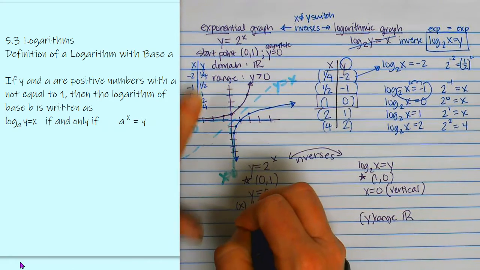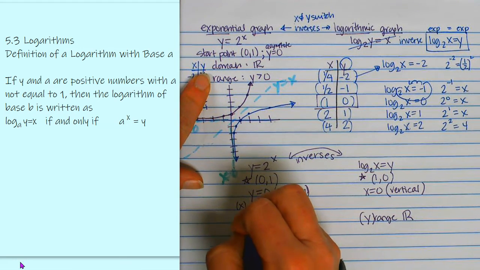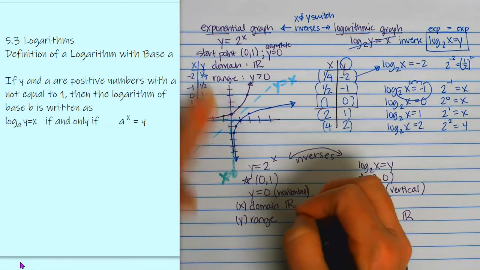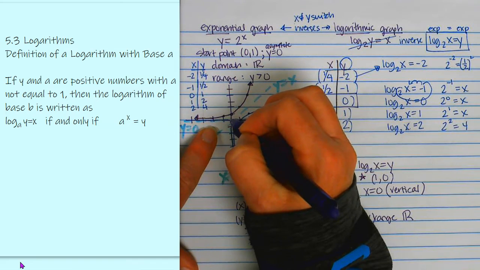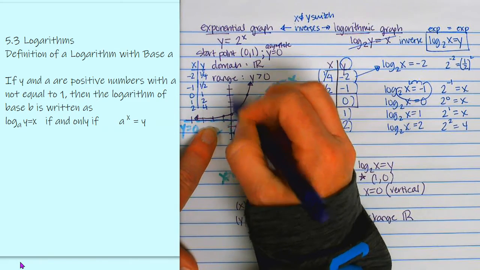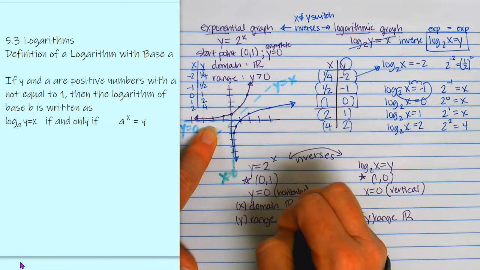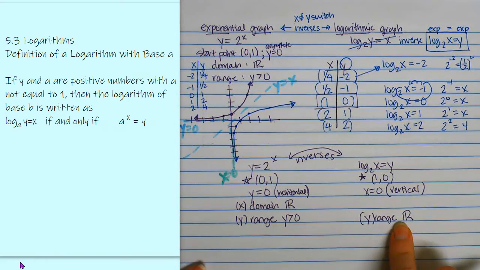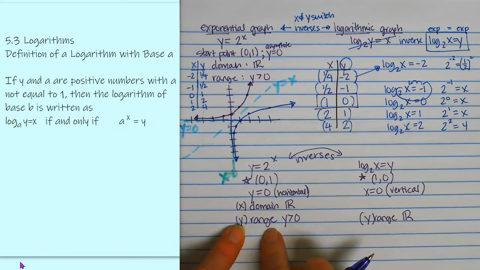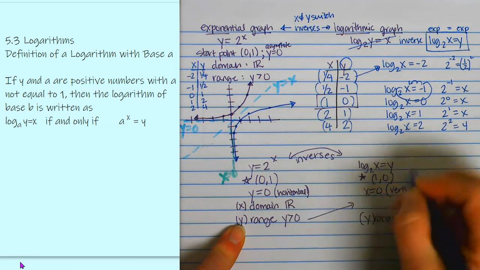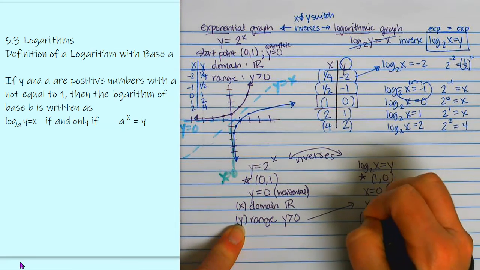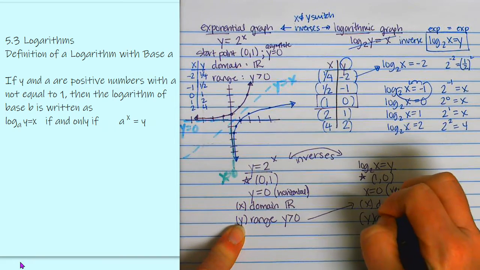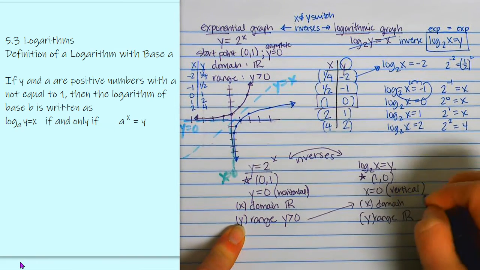We already said up here that the range, the y values, for an exponential is bigger than 0. So this purple line is above 0. It's y greater than 0. The x values switch. So the range goes to the domain for the inverse function. So the domain for this one is not all real numbers.